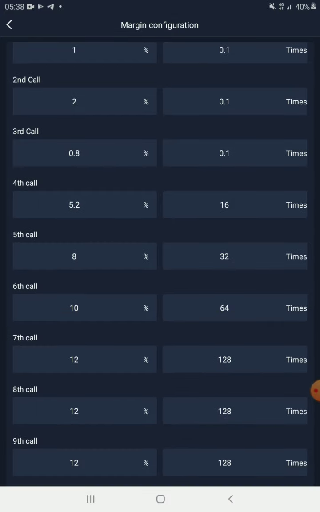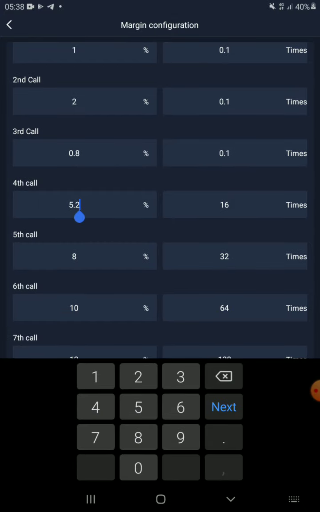If I have more money, I can say if it drops up to the fourth level, let's say it drops further by 5%, which is possible, it should buy me times my initial amount, 0.5, which is 0.5 of $100, which is $50.